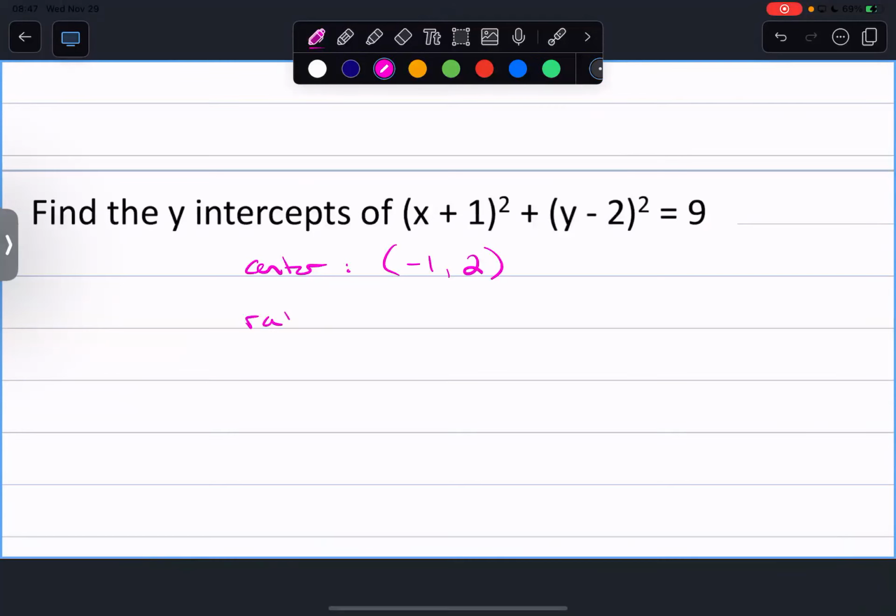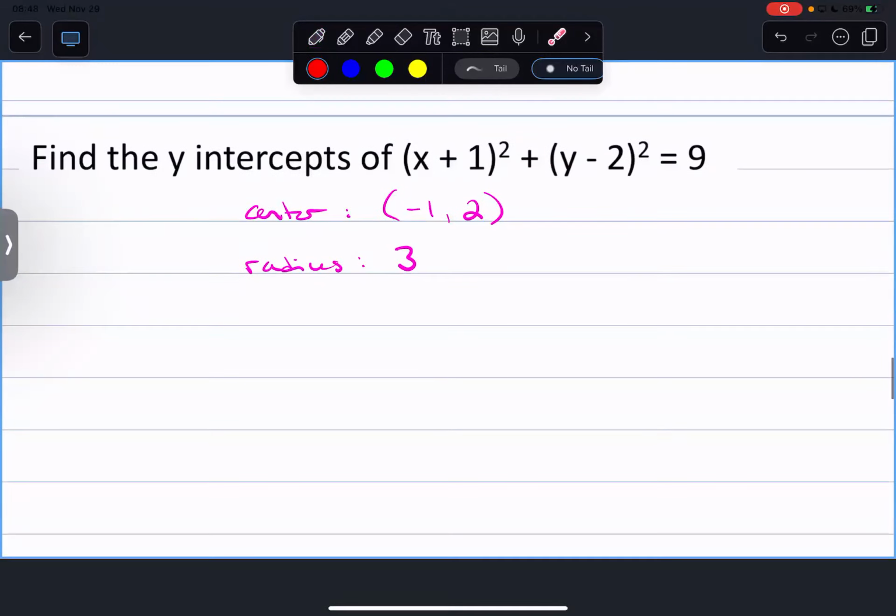What's the radius? Nice, must be 3 because 3 squared is 9, or you can take the square root of 9 and then recognize that you can only have a positive radius. Right. Can't have it moving into itself. It's weird. And so, right, just from the equation of the circle, we know some key things.